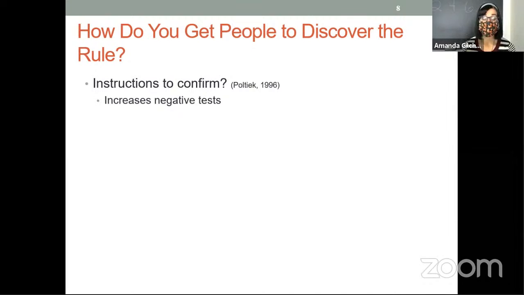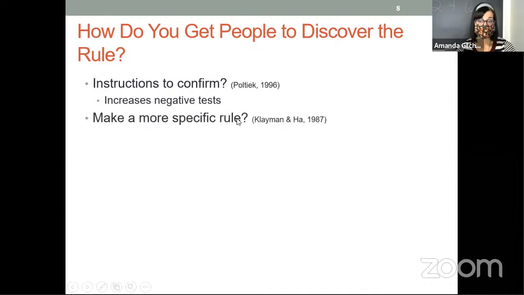And notice that you didn't necessarily need to engage in falsification. You generated a sequence and then based on my feedback, you learned more about the rule. So when people get instructions to confirm, this actually increases the number of sequences that people generate that don't fit the rule. And when people do this, they're able to learn more quickly what the rule is.